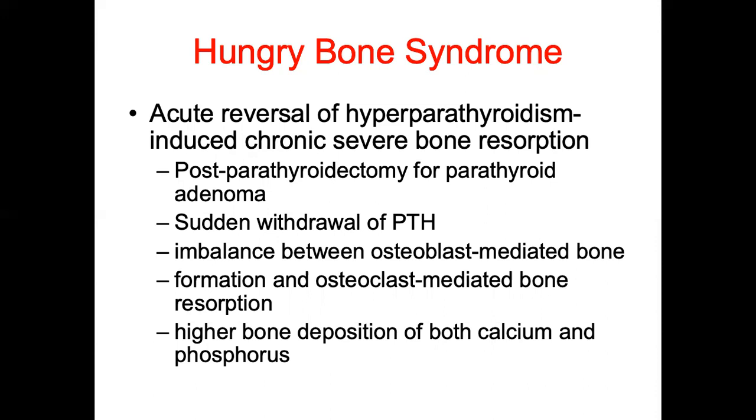Because of the acute reversal or the sudden withdrawal of your PTH from the circulation, there is an imbalance between osteoblast-mediated bone formation and osteoclast-mediated bone resorption. So there is higher bone deposition of both calcium and phosphorus, causing severe depletion of your calcium in the blood, severe hypocalcemia.